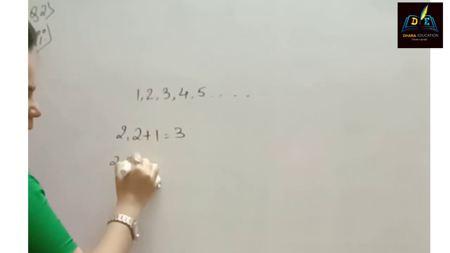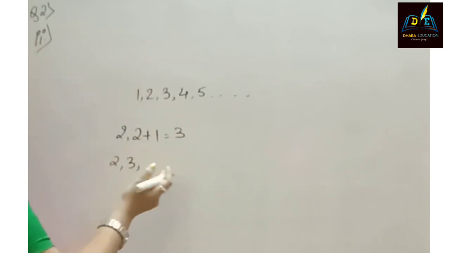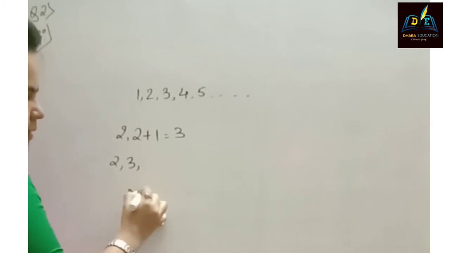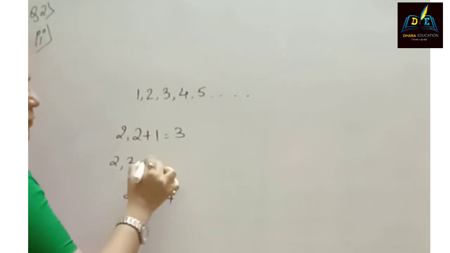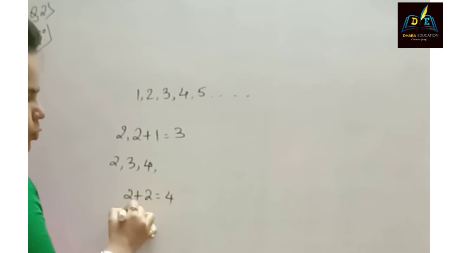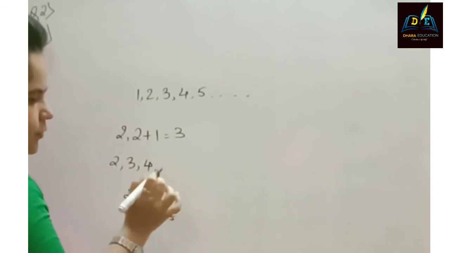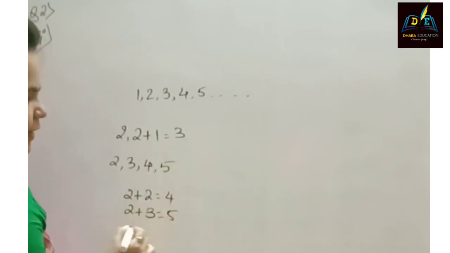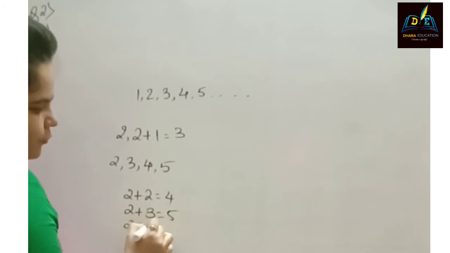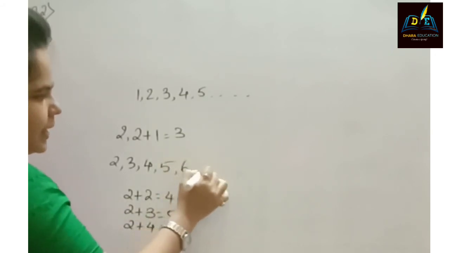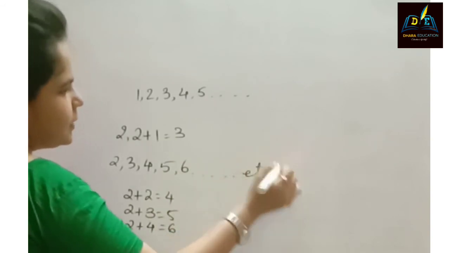It means 2 and 3. After 3 it will be what? 2 plus 2 gives you 4. Then 2 plus 3 gives you 5. Then 2 plus 4 gives you 6. Like this it is going to be continuous.